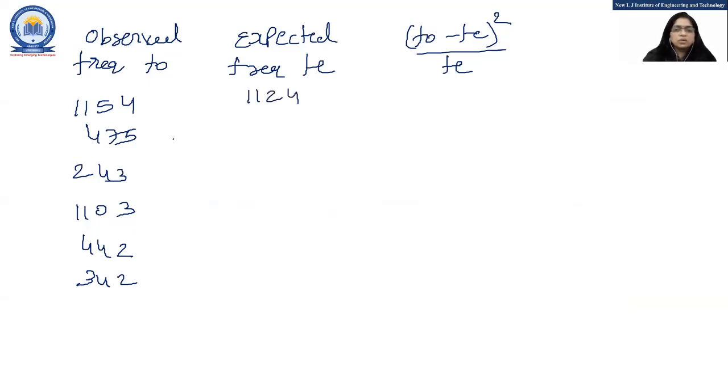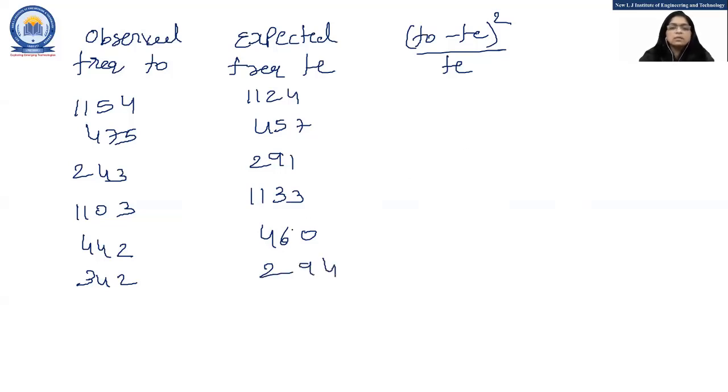Similarly, for 475, we have to multiply 1872 into 917 divided by 3759, and we'll get 457. Similarly, here 291, this one is 1133, then 460, and last one is 294.